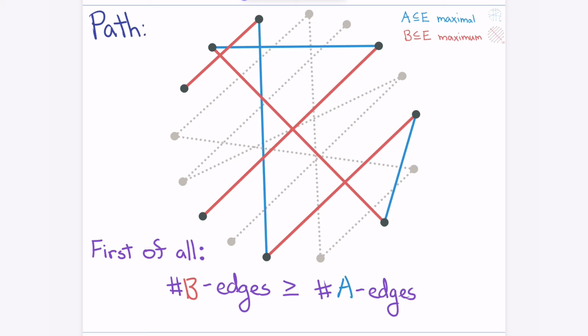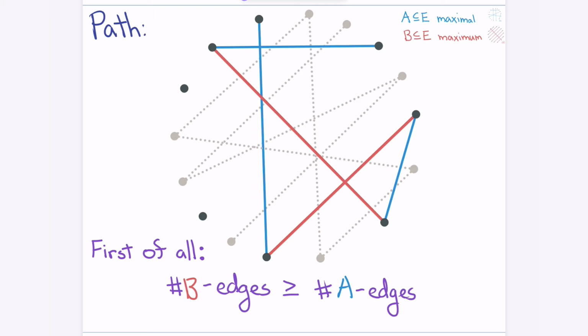So imagine things were reversed. Can I reverse things? It's going to get confusing. Okay, here's what I'll do. Imagine those two edges weren't there. So here, actually, blue is outnumbering red.